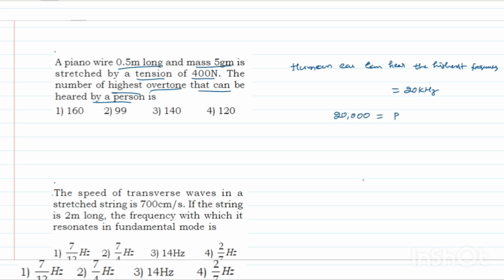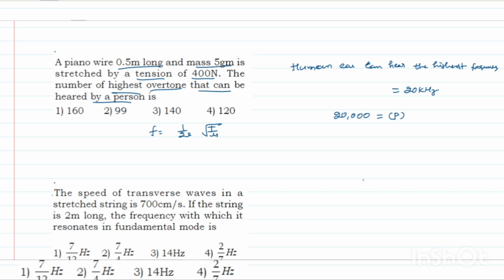we don't know how many segments it is going to be producing. If it is producing P segments, first we need to calculate the frequency, students. The formula is frequency equals 1 by 2L into root over T by mu.